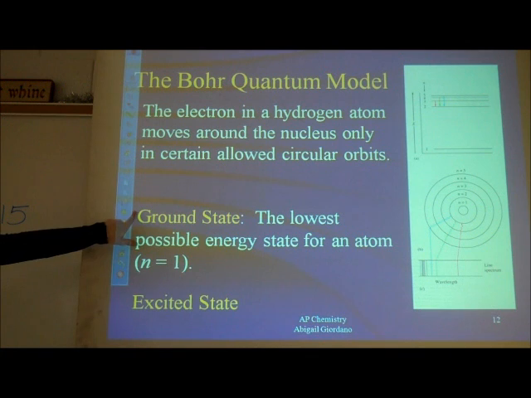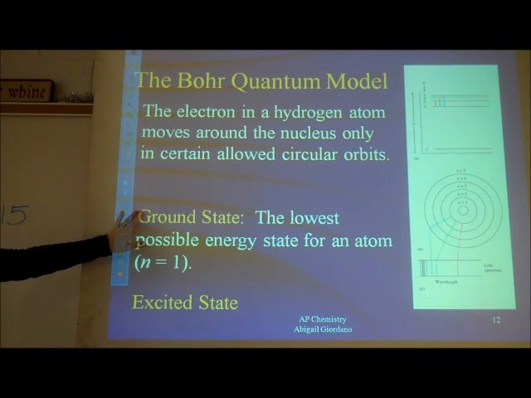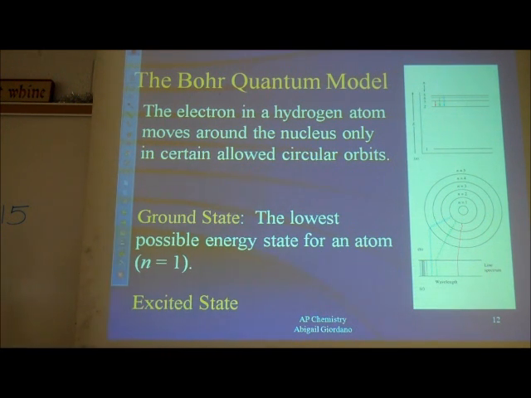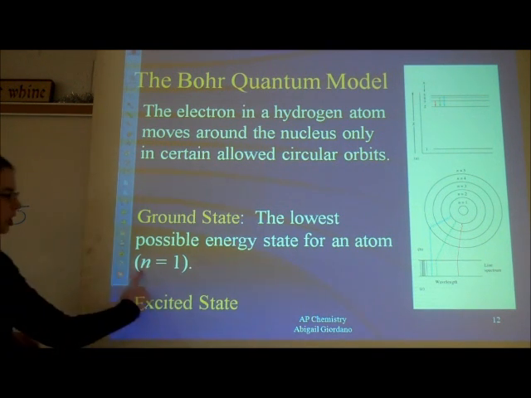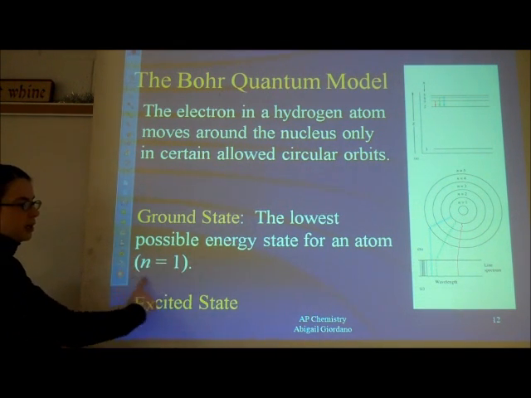Now, these terms should be familiar to you. You should have learned these terms in Chem 1. Ground state versus excited state. Okay, ground state, I almost wish I hadn't put this n equals 1 in here.